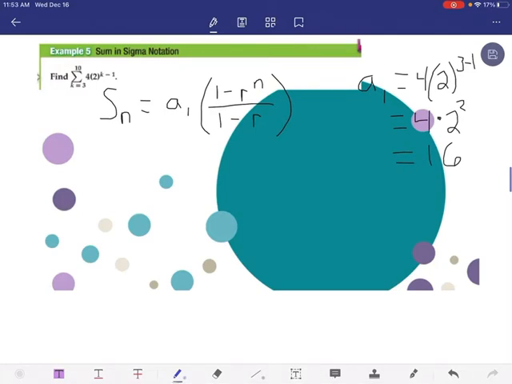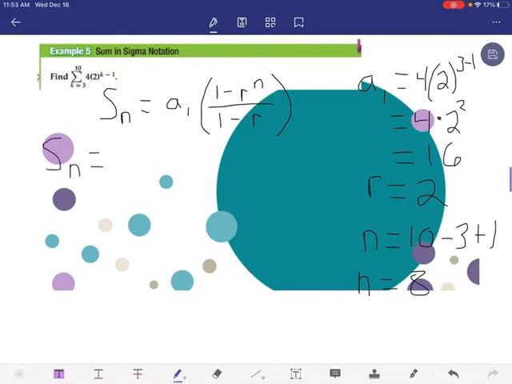And then remember, we also need to find our R value, and your R value is going to be whatever is being raised to the power. So 2. And then our N, remember, is the top number minus the bottom number plus 1. So we get that N equals 8.